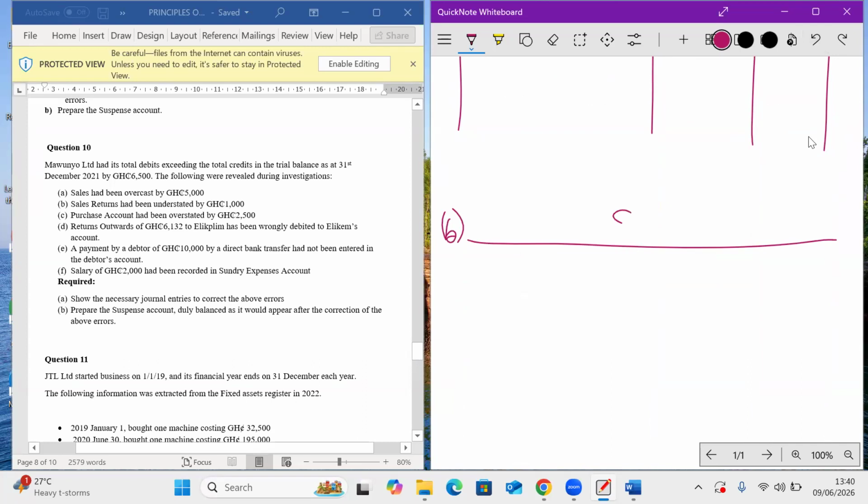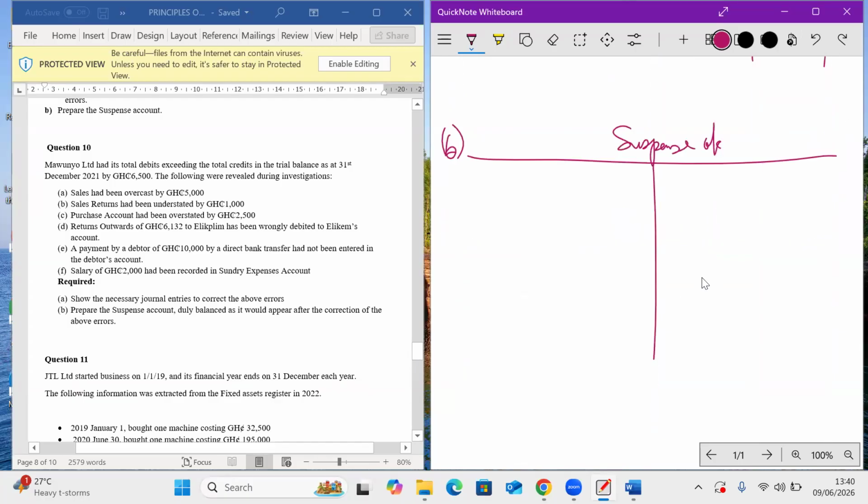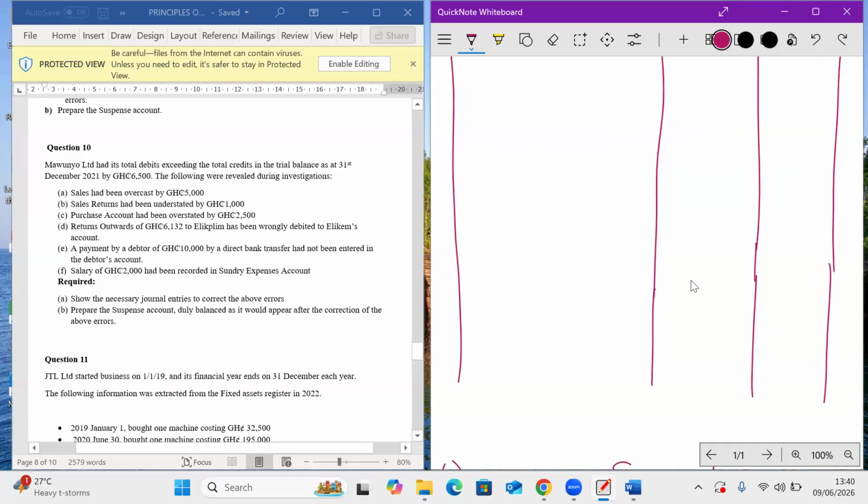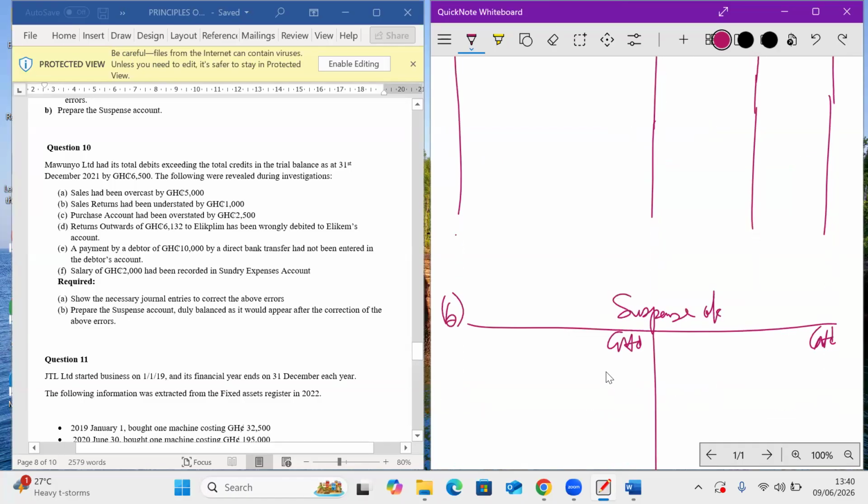You use a ruler. This one, use pencil. But write in ink, suspense account. Then you put your Ghana cedis at the corner. Don't look at the way I've done my table. I've not ruled any line beneath it because I don't know where it will end.